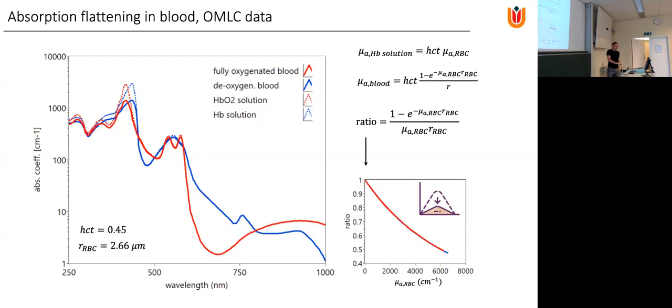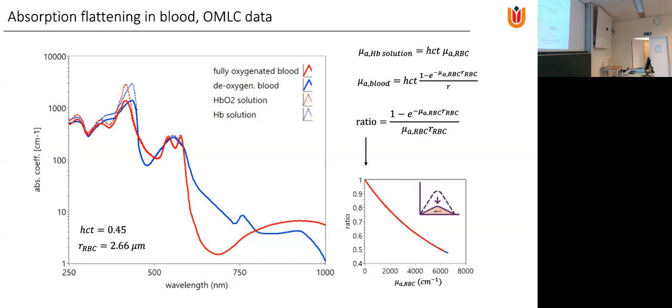So for the hemoglobin solution, as you can see, especially at the locations where the absorption coefficient is really high, let's say here at about 450 nanometers, the absorption coefficient of the blood is much lower than the absorption coefficient of the hemoglobin solution. Now remember, both these samples have the same amount of absorbing molecules. It is just that because they are now contained in the particles, the absorption coefficient is lower.